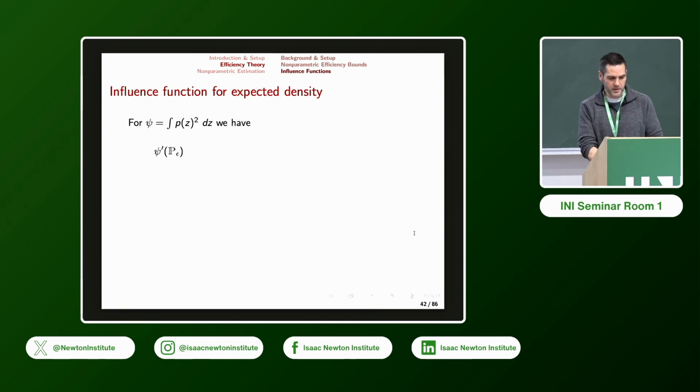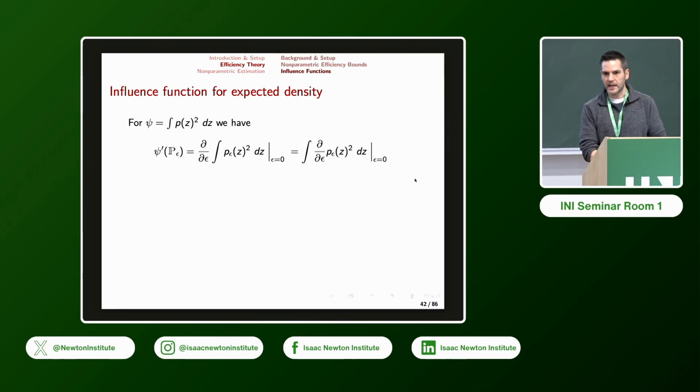So let me show you some of the calculations quickly. This is for the expected density. Again, we can just use that submodel I wrote before where I take the density and multiply it by 1 plus epsilon h. It's easy to compute the derivative of this. Now I need to take that expression and write it in terms of an inner product. And with the expected density, this is really easy.